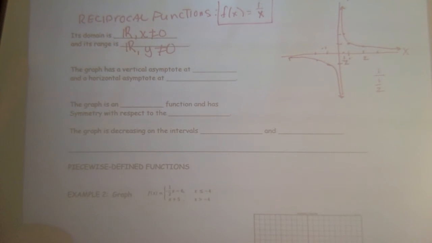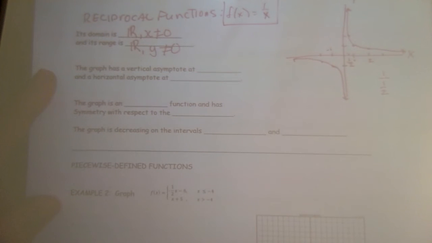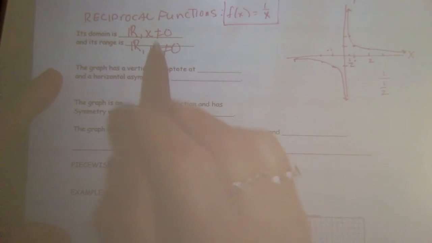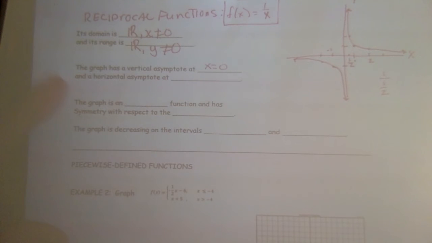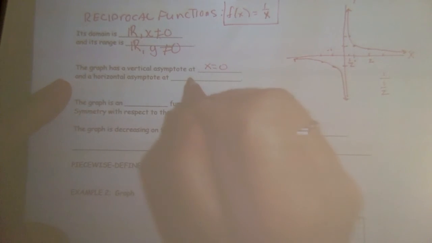All reals except y cannot be 0. This graph has a vertical asymptote, meaning it goes straight up and down where? At x equals 0. It has a horizontal asymptote at y equals 0.